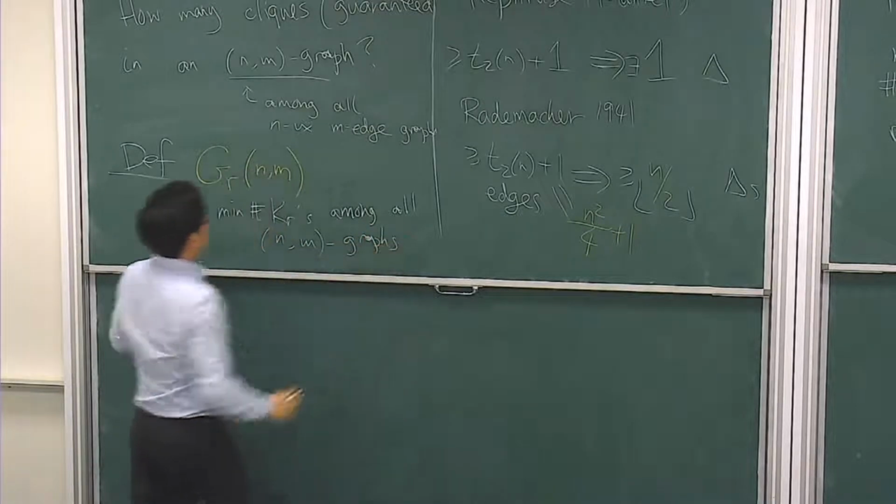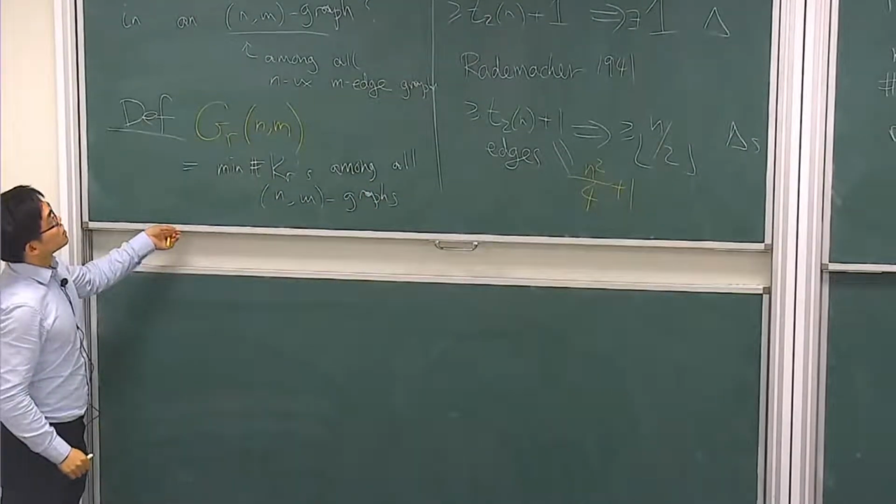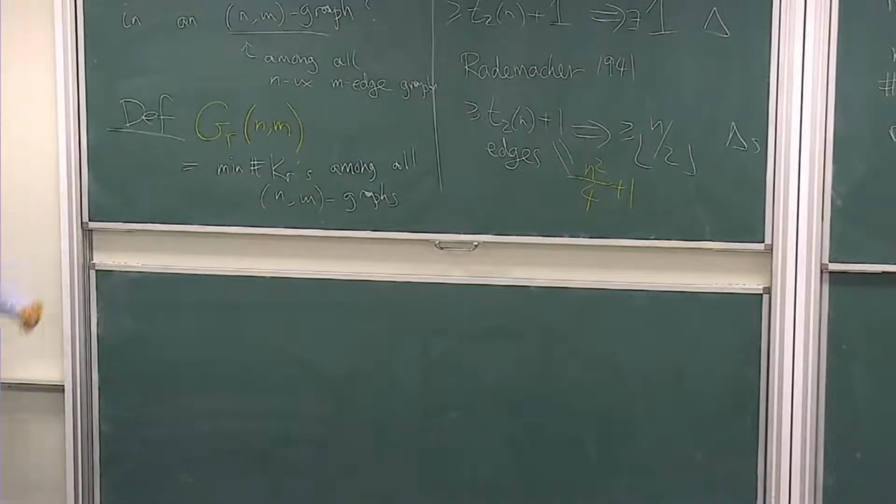Okay, so this is what we want to study. Basically, now if I write it in terms of this function, Erdős' question from 1955 is asking us to estimate what this function is, how does it behave, g sub r of n, m.